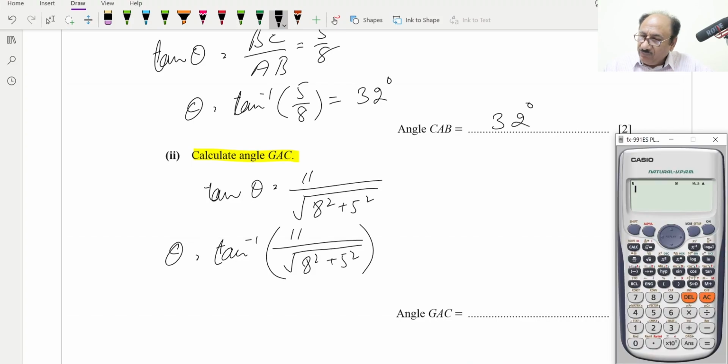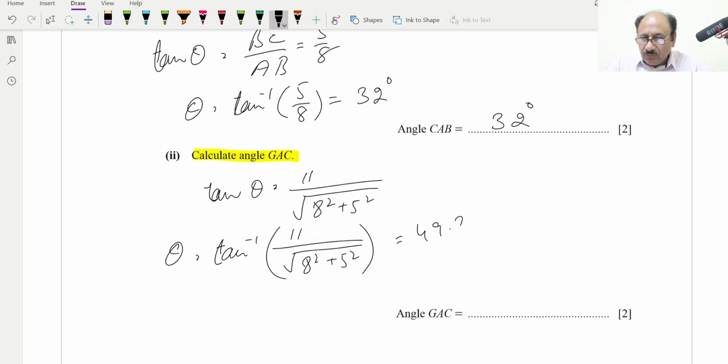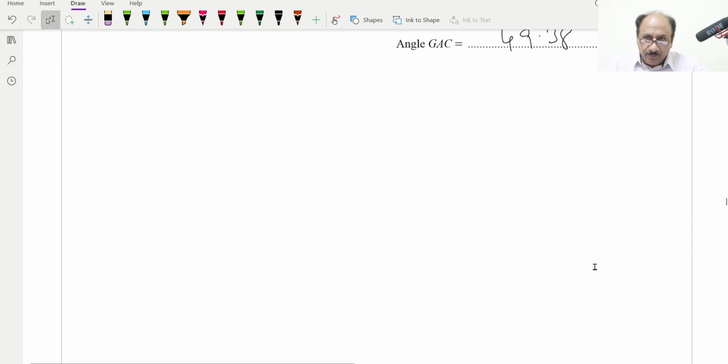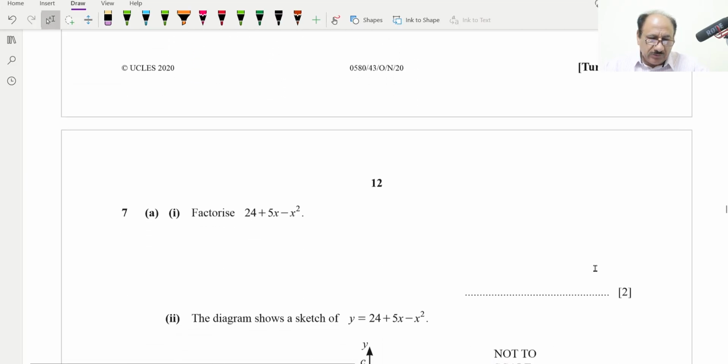So shift tan of the fraction 11 over the square root of 8 squared plus 5 squared, and this will give us the answer, which is 49.38 degrees. This will be our answer. Hopefully you understood this question.